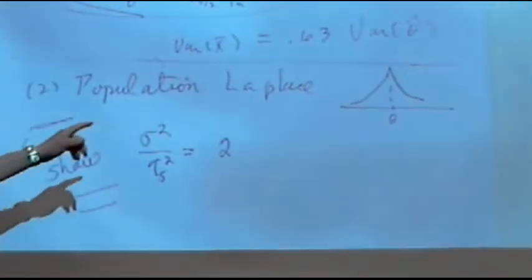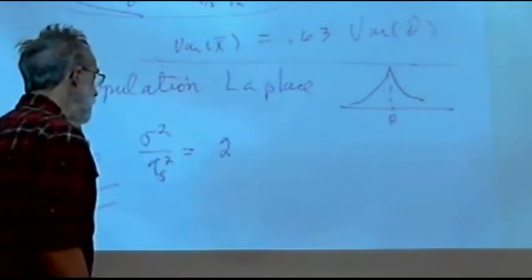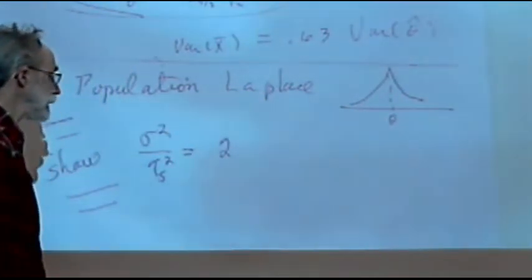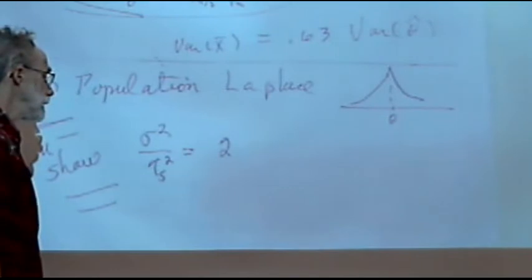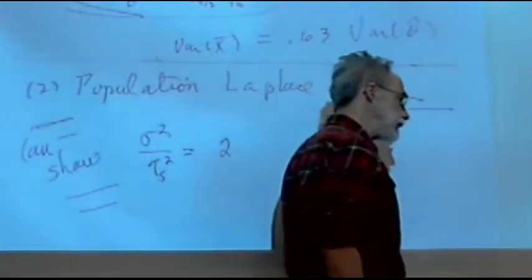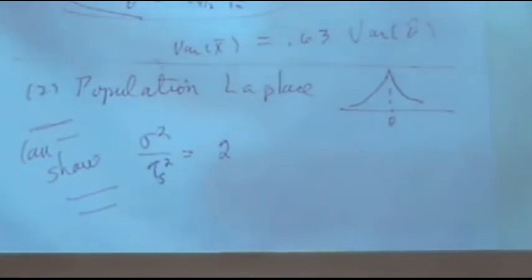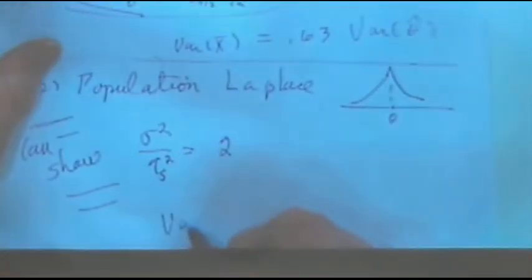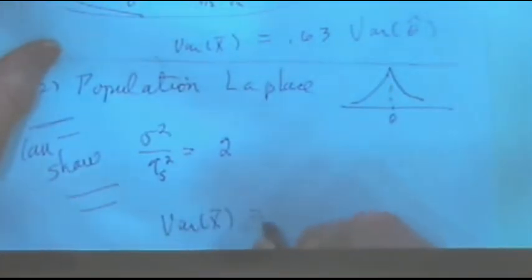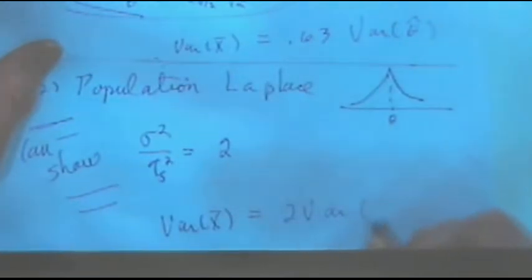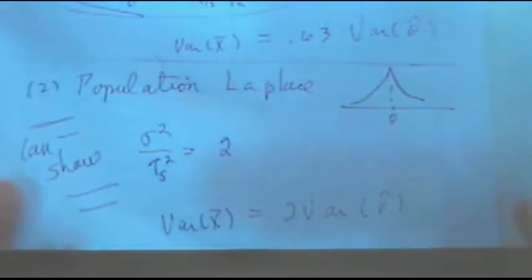But if you're sampling from this distribution, then you definitely would use the median, because the variance of x bar is twice the variance of the median. Are there any questions on that?